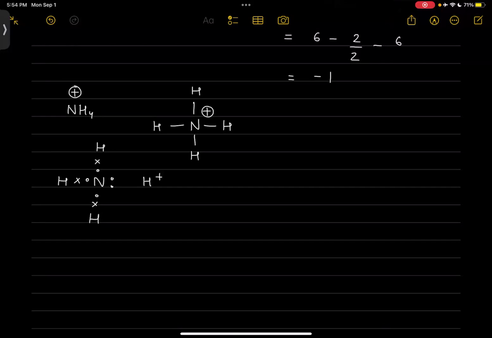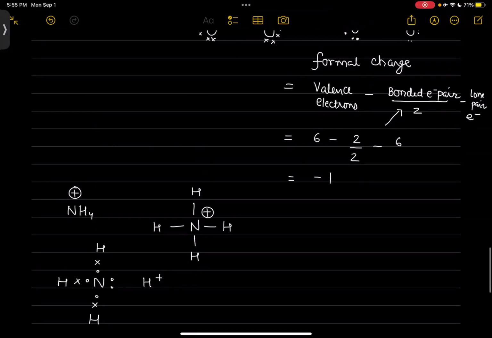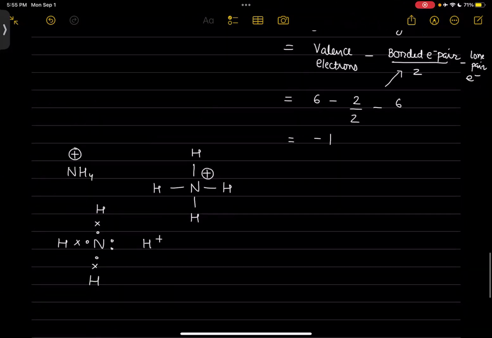Like in the above case, we connected to O minus, right? So now you bring in H plus. If you connect it, one thing is sure.